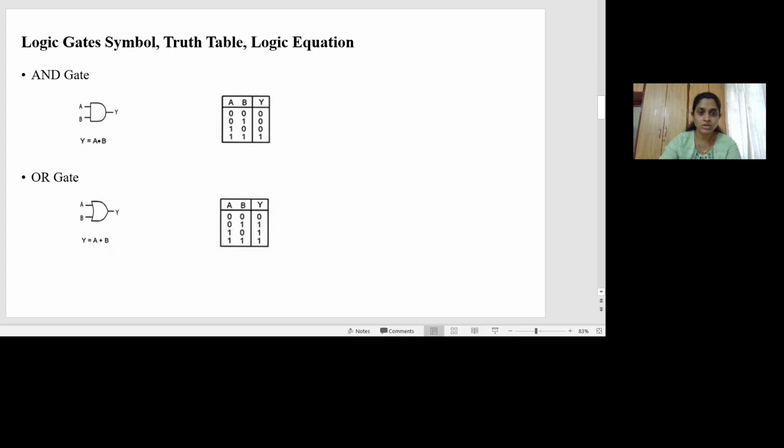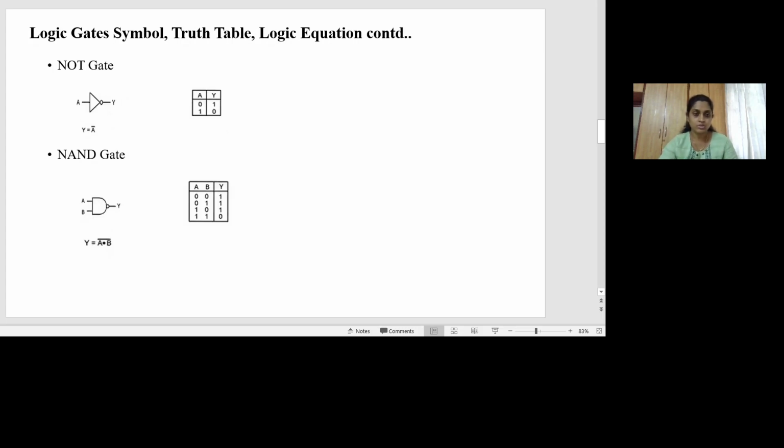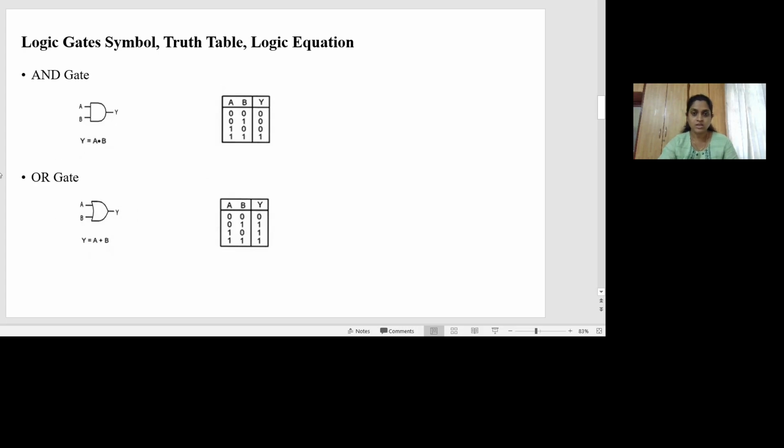We also went through the symbol of an AND gate, and the operation the AND gate does is a logical AND between the two inputs. The OR gate also does the logical ORing operation between the two inputs. And you can see here the AND gate output is 1 only when both the inputs are 1.